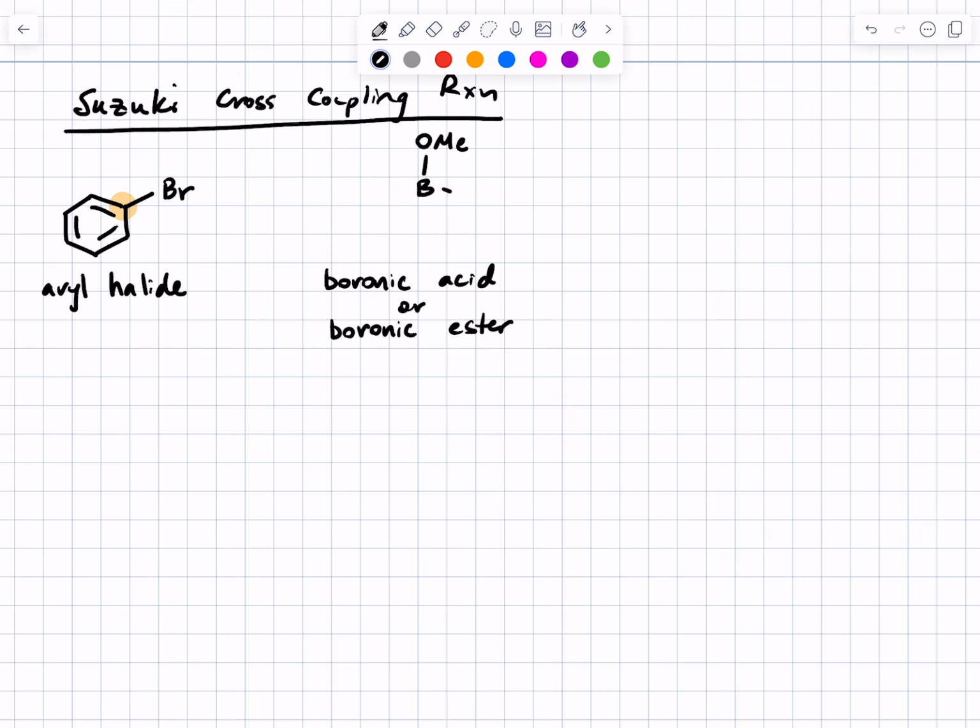In the boronic ester, the two oxygens are OR groups. In the boronic acid, the two oxygens are OH groups. The thing that's attached to the boron is either vinyl or aryl. So it can be a benzene ring or it can be an alkene carbon. The important thing is that it's sp2.